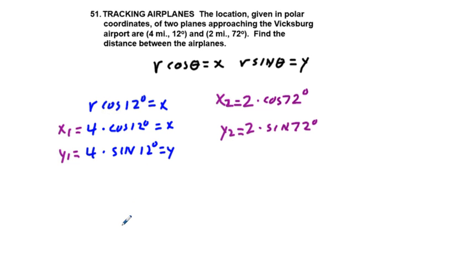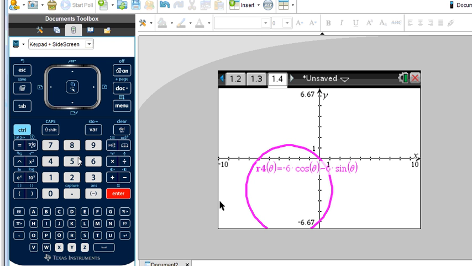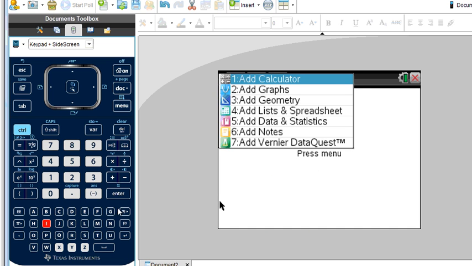So let's work this out. We go to our calculator, Control I, calculator.